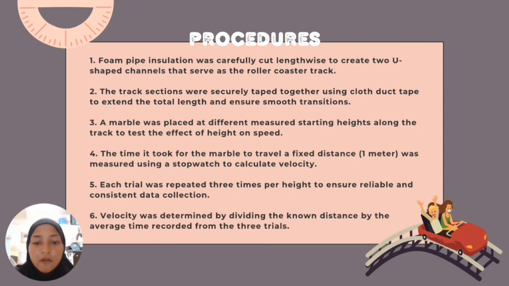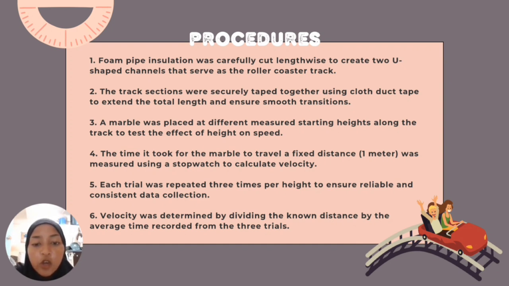The procedure involves several steps. First, we cut the foam pipe insulation to form two U-shaped channels and join them using cloth duct tape to form a continuous track. Second, we place the marble at various measured starting heights along the track. The marble was released and we recorded the time it took to travel a fixed distance of 1 meter using a stopwatch.